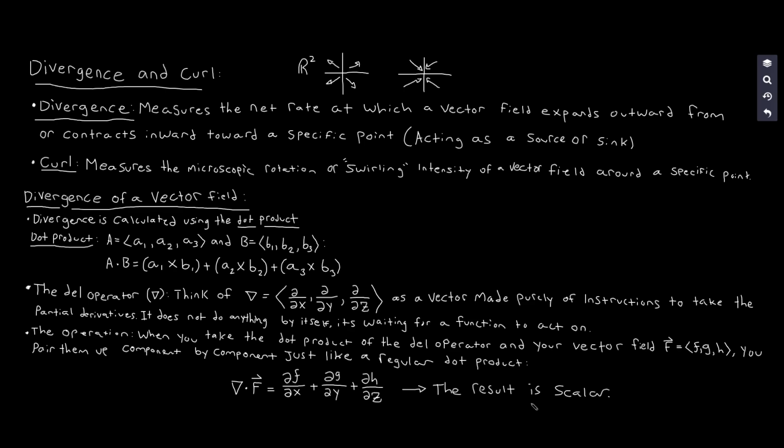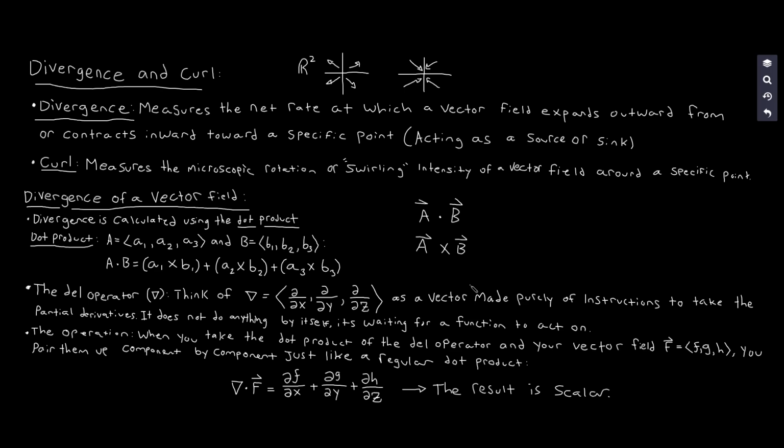So just to reiterate, the dot product and the cross product are different. If I take the dot product of vector A dot vector B, that's different than if I take the cross product of vector A cross vector B. In vector calculus, you cannot use these two multiplication symbols synonymously anymore.